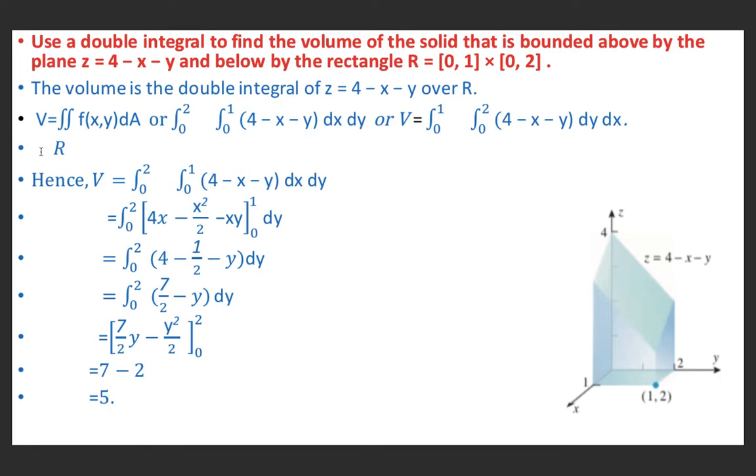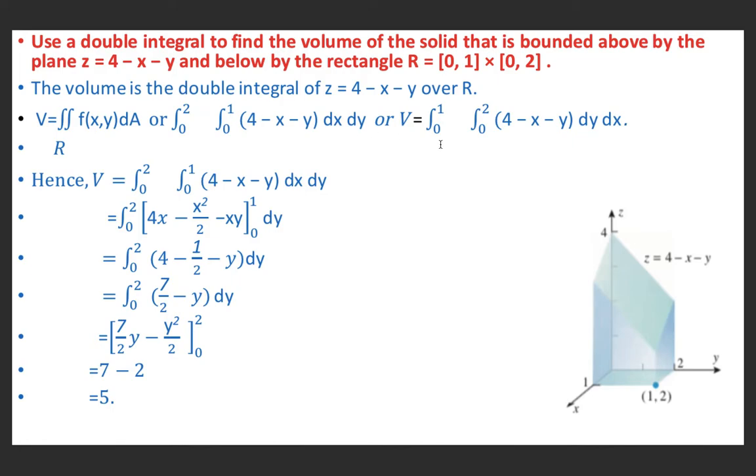So we know that by the theorem, V is equal to the double integration of f(x,y) over the region R, which is equal to the integration of 4 minus x minus y, first with respect to x between the limits 0 and 1, and then with respect to y between the limits 0 and 2.